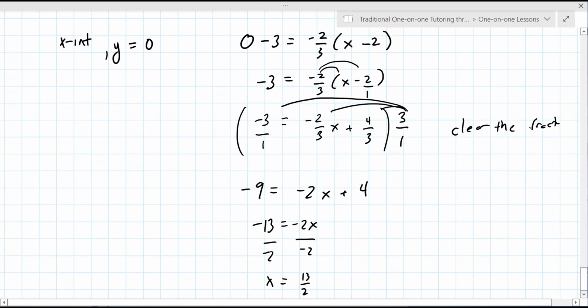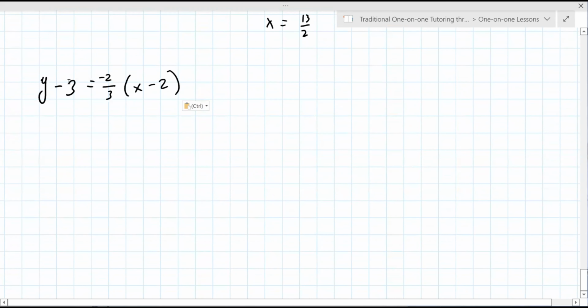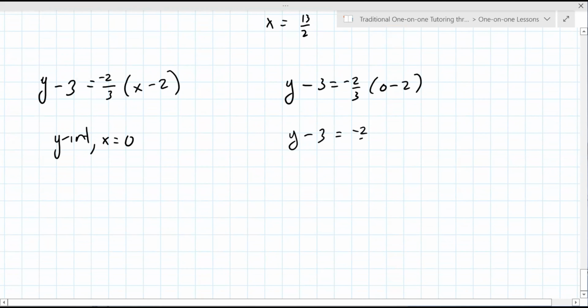So we got rid of y on that one. This one we're going to get rid of x. So y minus 3 equals negative 2/3 times 0 minus 2. Would I still write the 0 in the parentheses? Sure, I think that's good to do. With the minus 2, there's a 1 under it, not a 3.